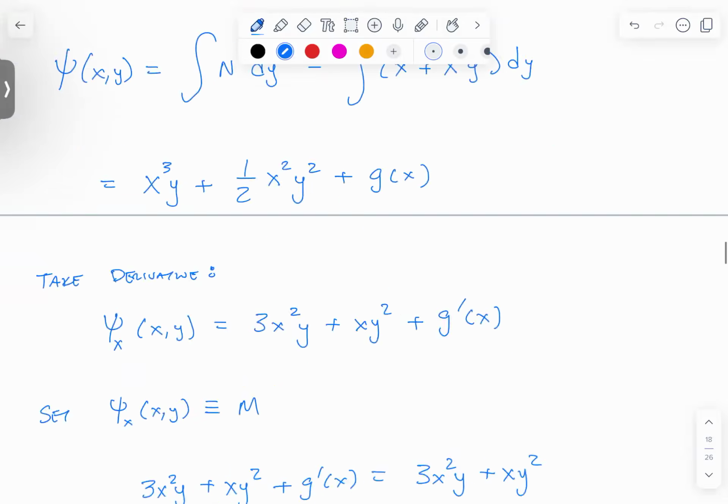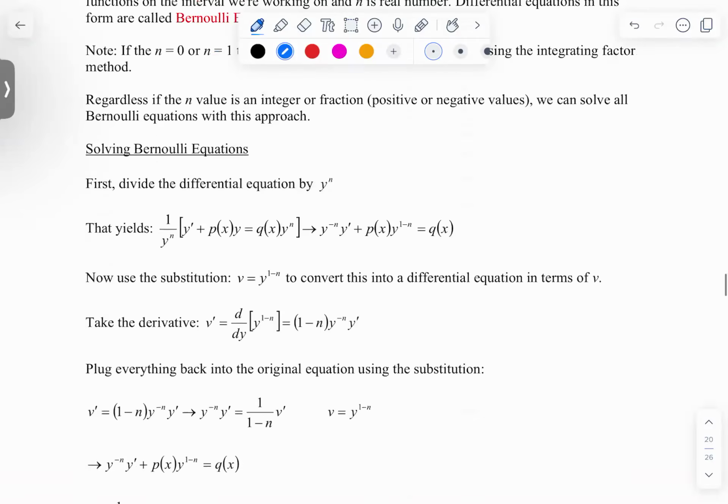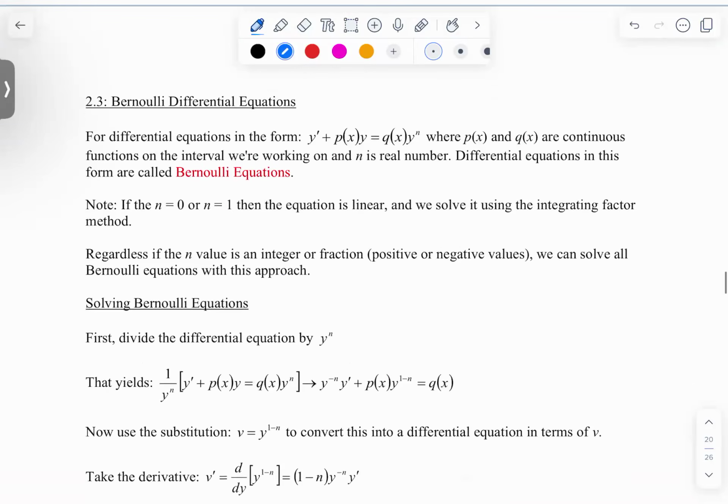Bernoulli differential equations are almost explicitly nonlinear. It's possible that the power could be a one, but they all have y to some power, negative or positive, doesn't matter. As soon as y is raised to an exponent other than one, it becomes nonlinear.